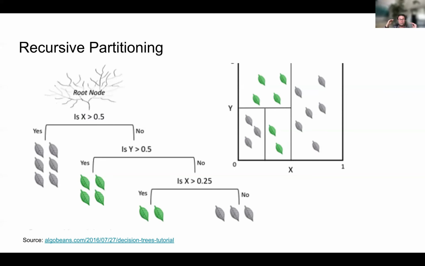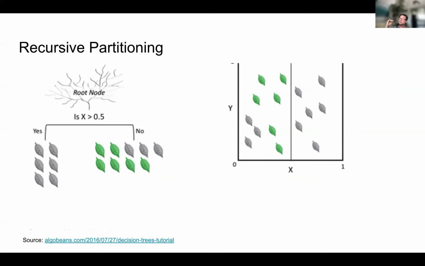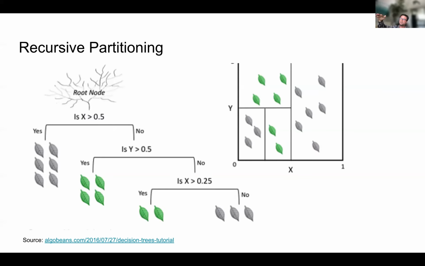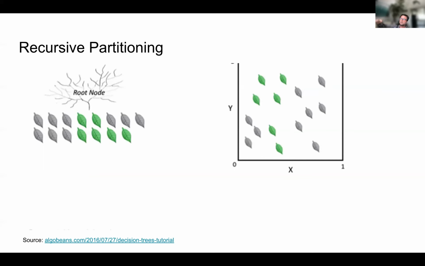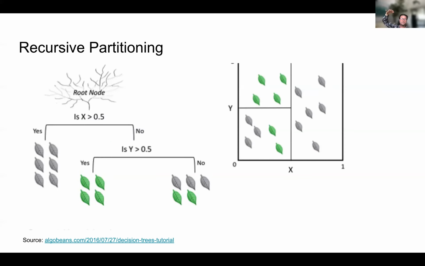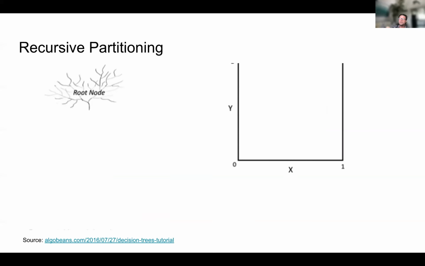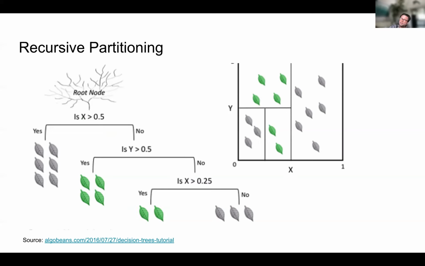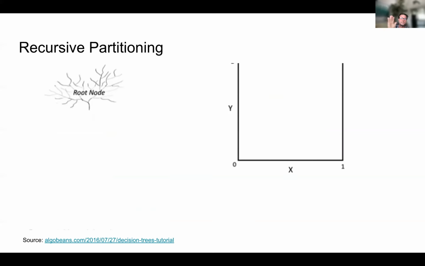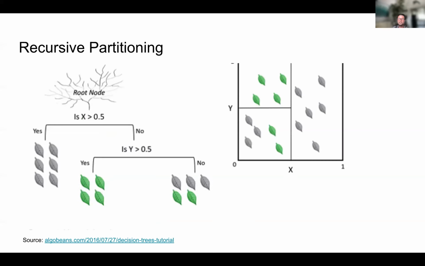And then it can branch it again within that space. And if Y is greater than 0.5, it's going to split the top half of that left quadrant and the bottom half of that left quadrant. And then it can branch again and get that lower left quadrant to split. And so that's the recursive partitioning.